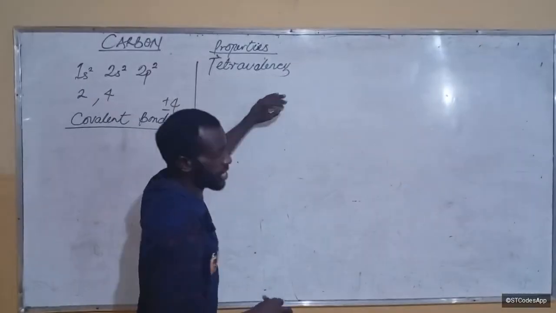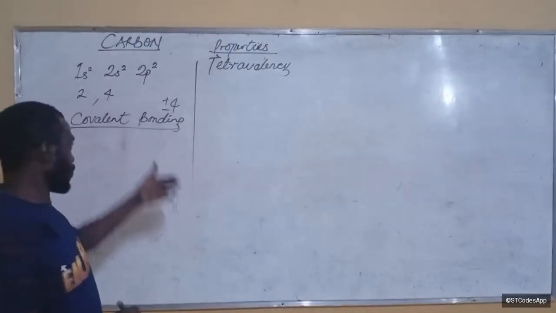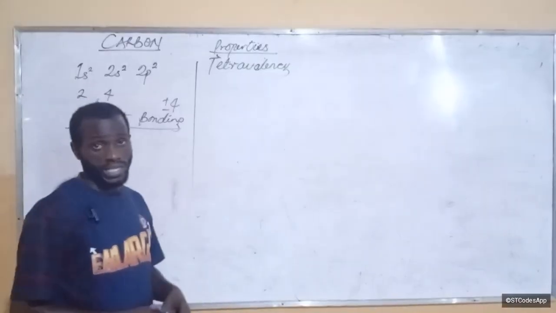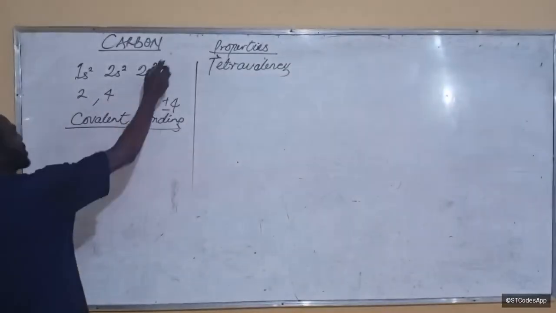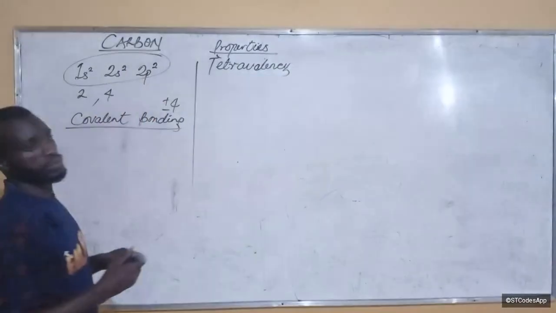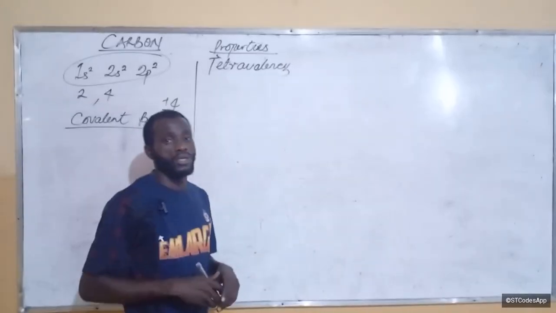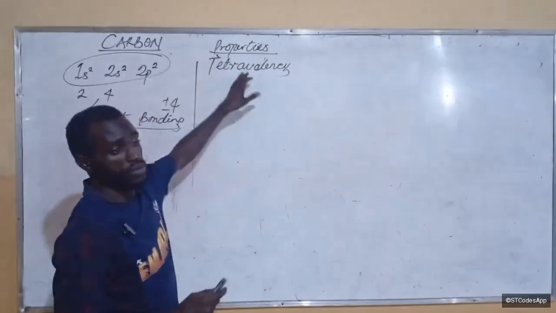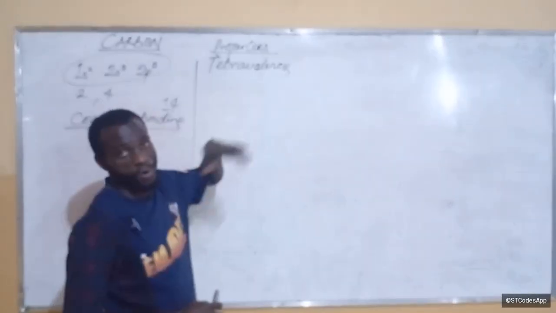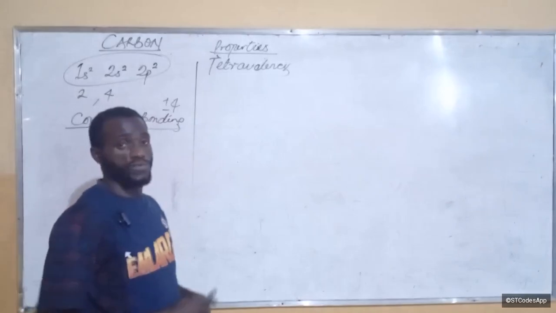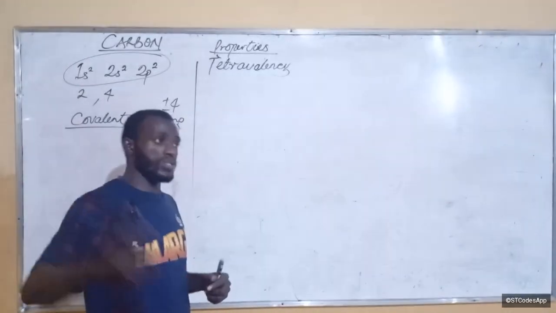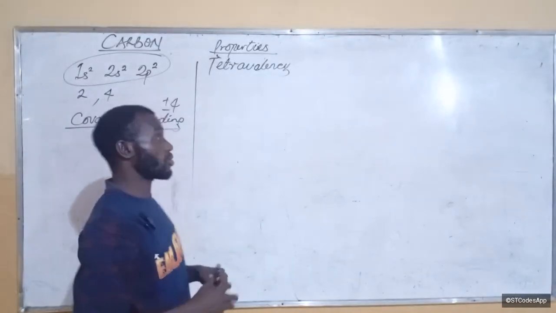So tetravalency means that it has 4 valence electrons in the outermost shell, right? I'm going to show you how that is here when I explain a little bit about hybridization, but you should see my video on organic chemistry to understand it better. So tetravalency is just tetra, meaning 4, valency, that is, it has 4 electrons or 4 points with which to coordinate to another element or atom.